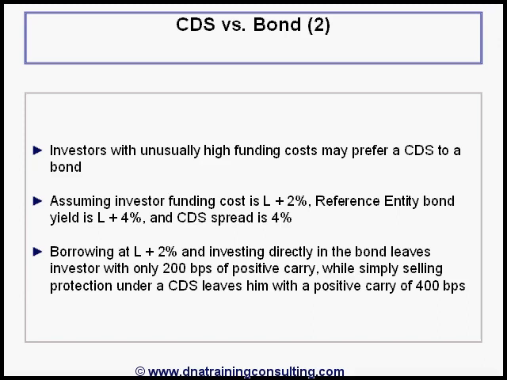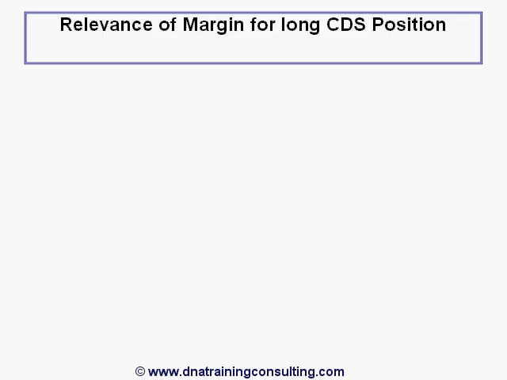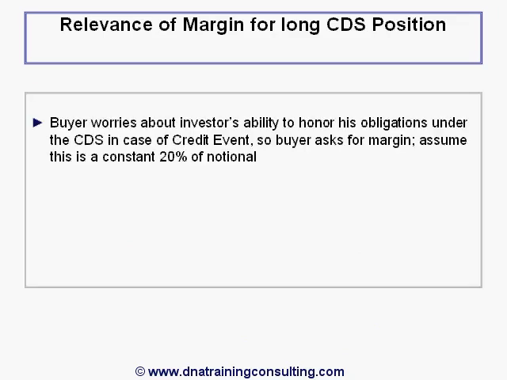In fact, this last figure overstates the advantage of the CDS. For the same reasons that the investor's funding cost is high, the protection buyer under the CDS would worry about the investor's ability to honor his obligations under the CDS following a credit event, so would most probably ask for margin as he would with an FX forward, interest rate swap, or many other derivatives.